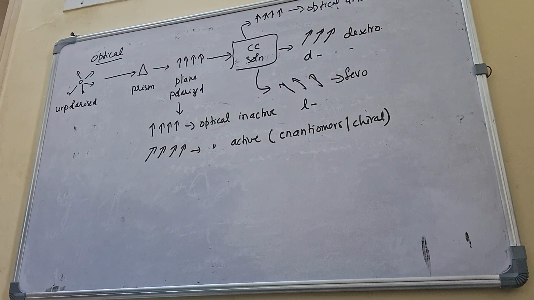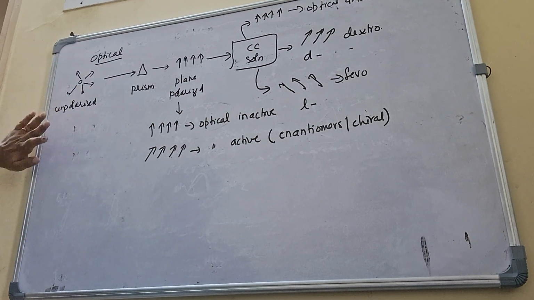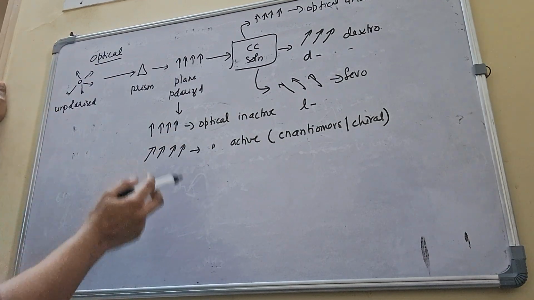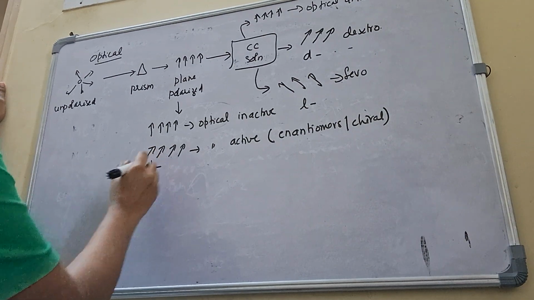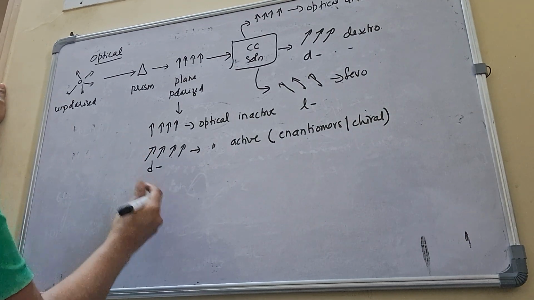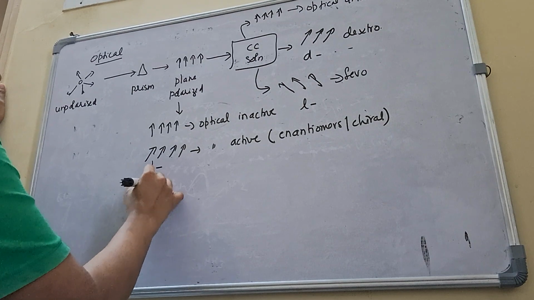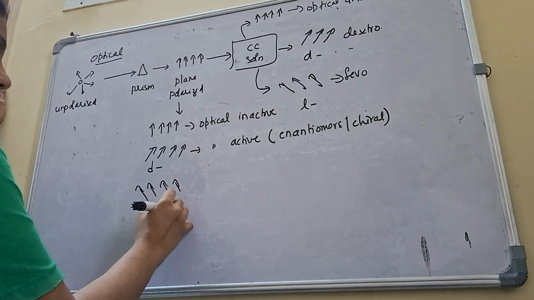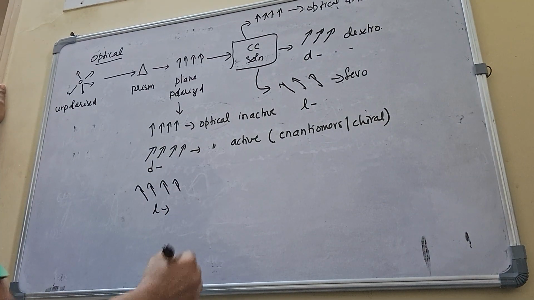If it shows rotation in one direction, that is what we call a D if it is to the right, and the other isomer will make sure that it is to the left.